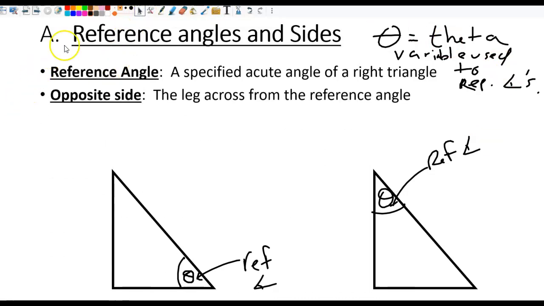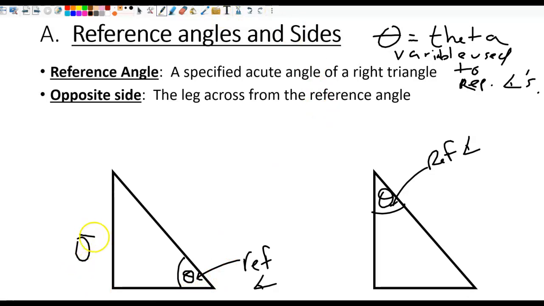First of all, we're going to talk about this side called the opposite side, and that is the leg that is across from the reference angle. So on this triangle here, if this is my reference angle, the side that is opposite, that means the one that's across from it, would be this one over here. There's two legs on this triangle. There's this one, and then there's this one. The one that's opposite from it is the one that's farthest away.